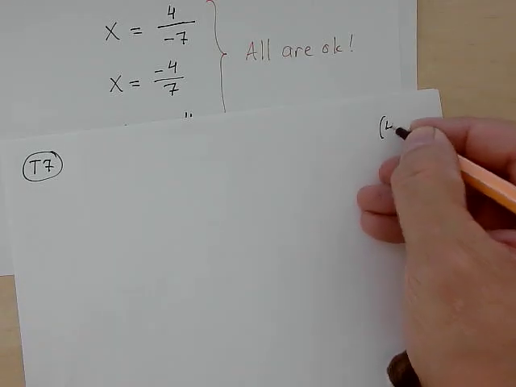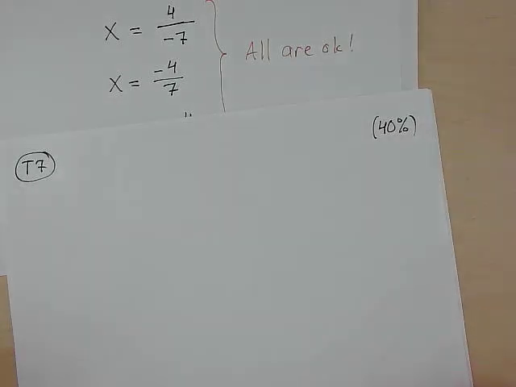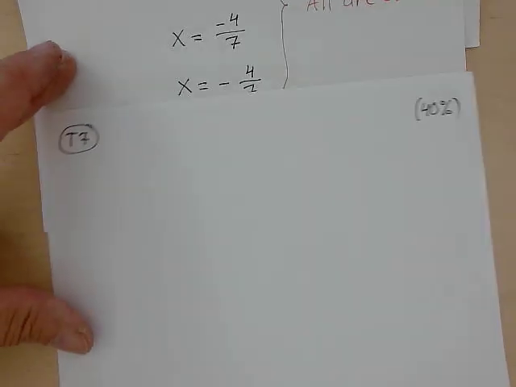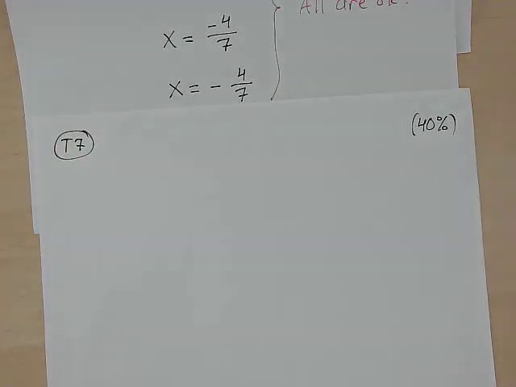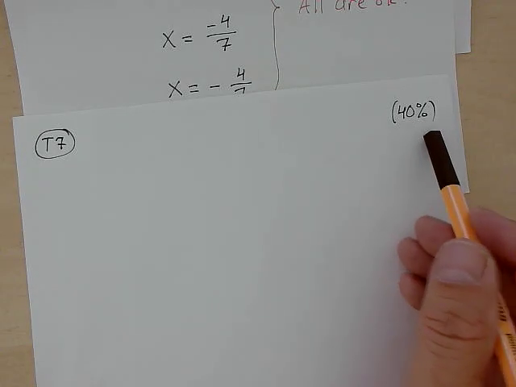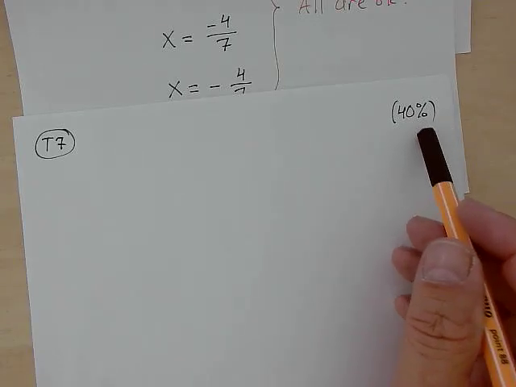40% got this correctly. I would say that maybe most students got this correct, but it was not simplified to the last step. So that's why maybe that percentage is so low.